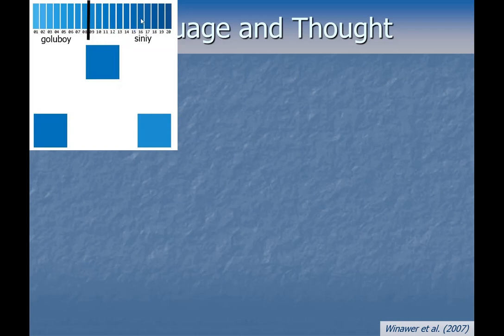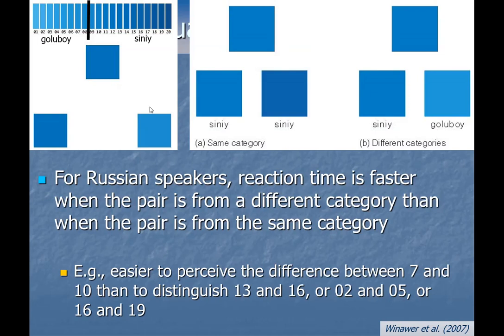So two colors that come from the same category, or two colors like 7 and 10 that come from different linguistic categories. So that's the set, that's the independent variable. On some trials, they would be across categories, or between categories color comparison, and in others it was within categories, same category color comparison, just telling which one is the odd one out.